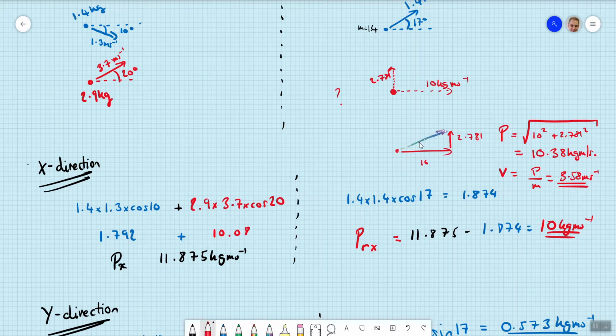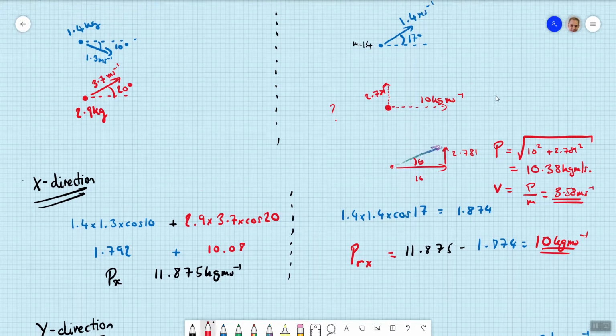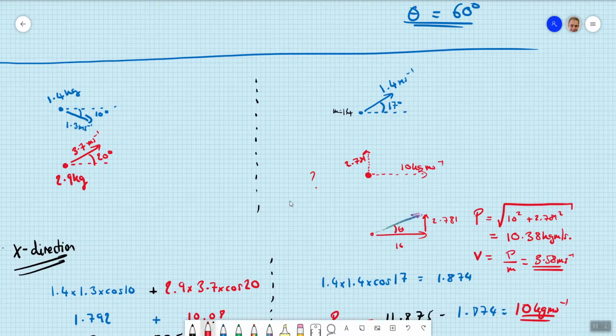Well, no, we also want this angle. So what do we want for that angle to be? Well, to solve that, we can use opposite over adjacent is tan theta. We can say that tan of the angle is equal to 2.781 over 10.